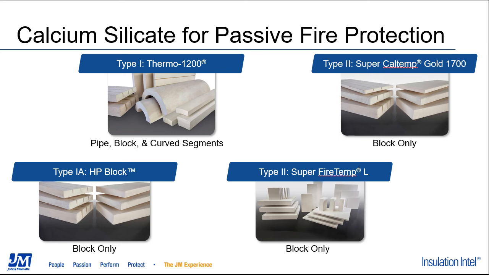And then we have our Super Fire Temp products, including the Super Fire Temp L, that again is a block or board product. And again, if you're interested in more information on passive fire protection capability of our calcium silicate family, please let us know, and we can follow up with much more detail.